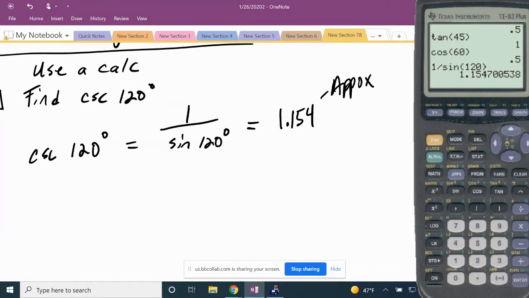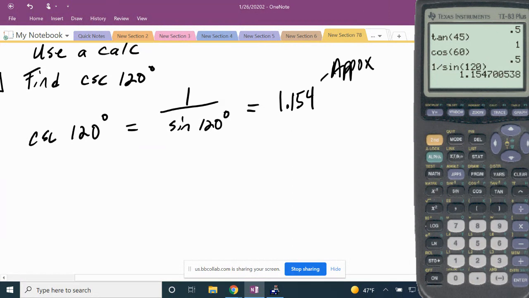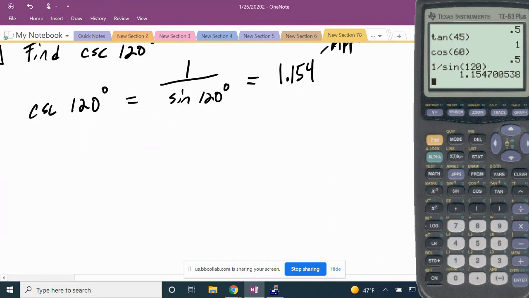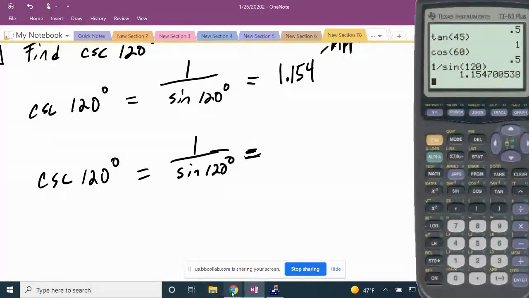the exact value, all right, so I'm just going to do that. So I have the cosecant of 120 degrees. That's equal to 1 divided by the sine of 120 degrees. So I'm going to pull up my unit circle.